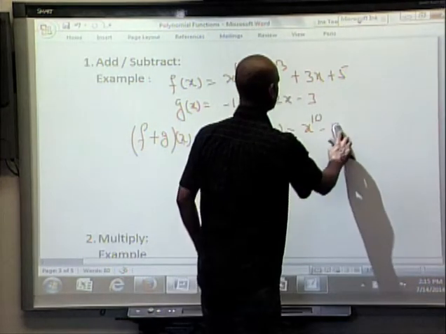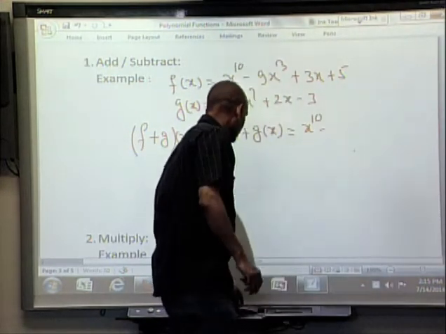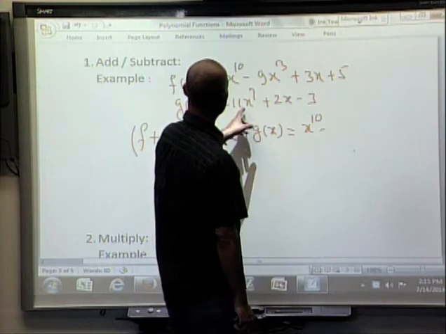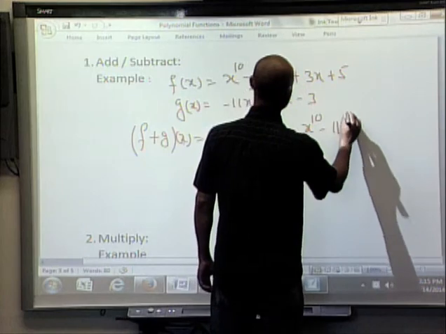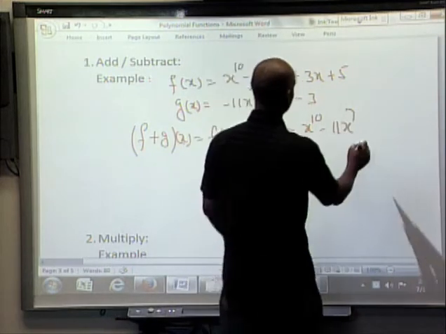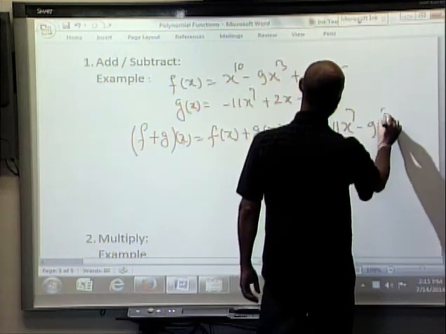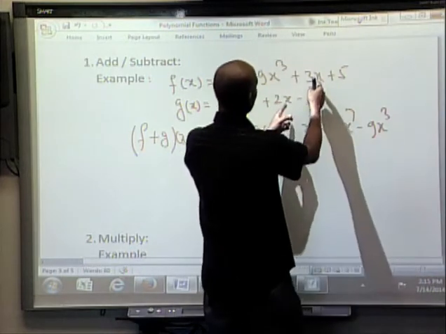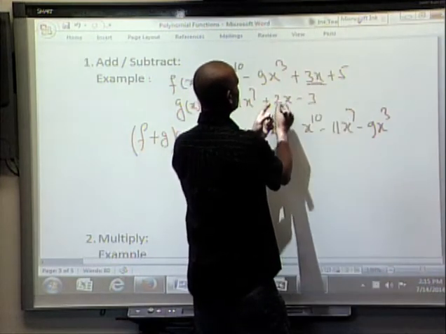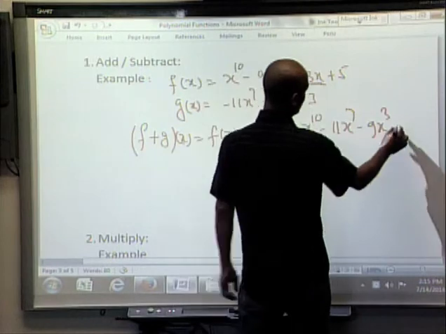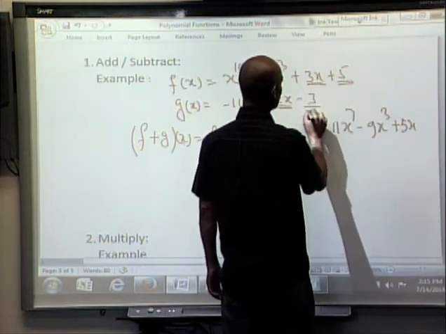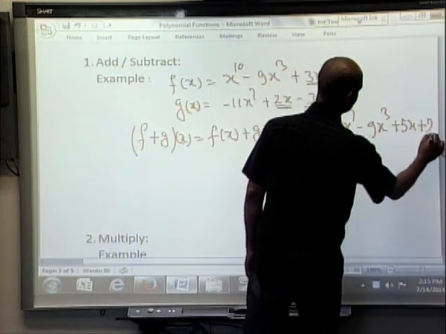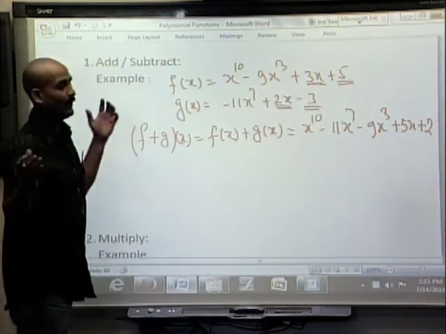So, x to the 10 is the largest, then negative 11x to the 7 is the second largest, then negative 9x cubed is the next largest. I can add 3x with 2x because they are like terms, 3 and 2 gives me 5x. I can add a positive 5 with negative 3 giving me positive 2, simple adding.